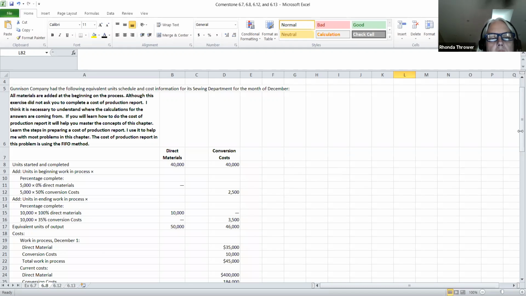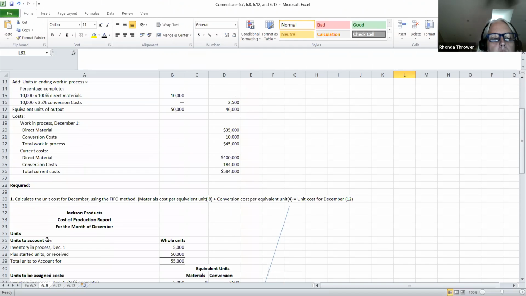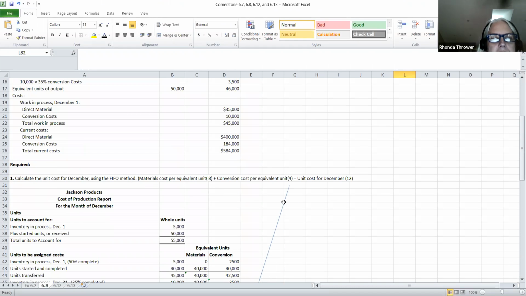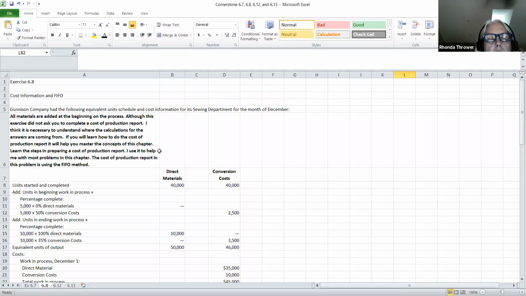And if you learn the format of the cost of production report, you're going to understand what they want you to put into the blanks that Cengage asks you to put in. So I would always suggest that you do a cost of production report and then fill in the information that Cengage wants for you.